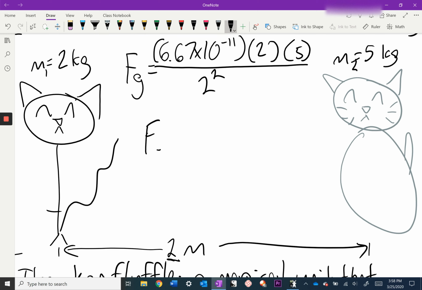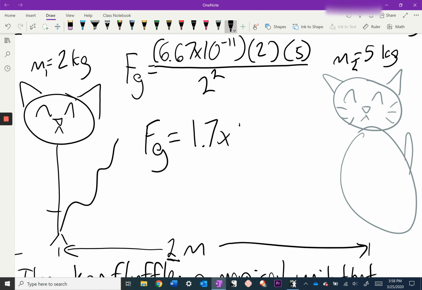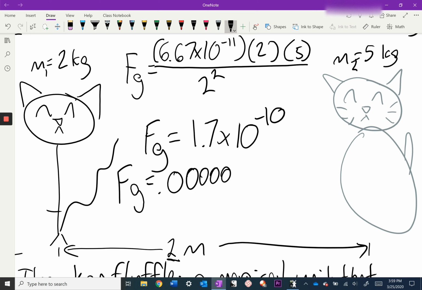That gives us a force of gravity of 1.7 times 10 to the negative 10th newtons. So gravity, when you're dealing with newtons, unless you have a planet involved, gives us some pretty ugly math.